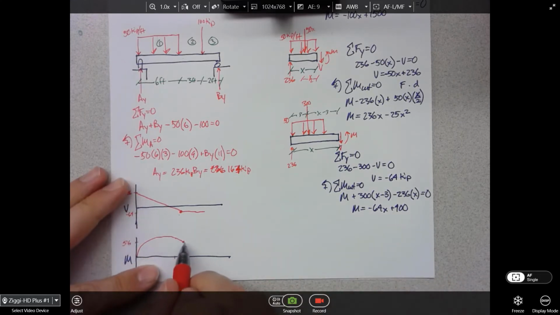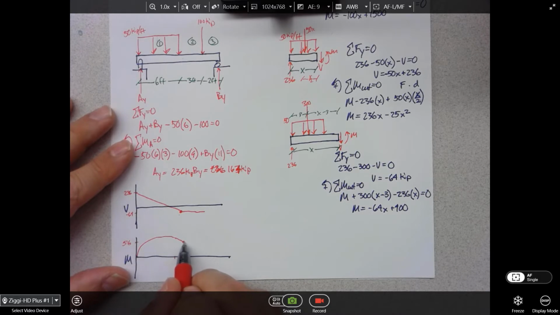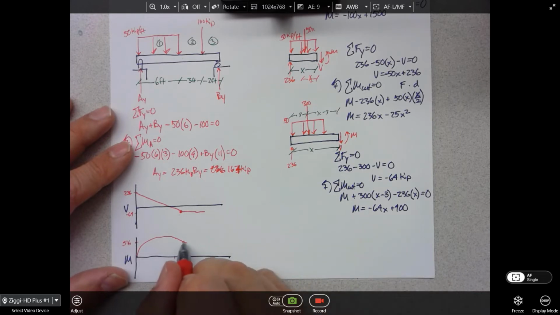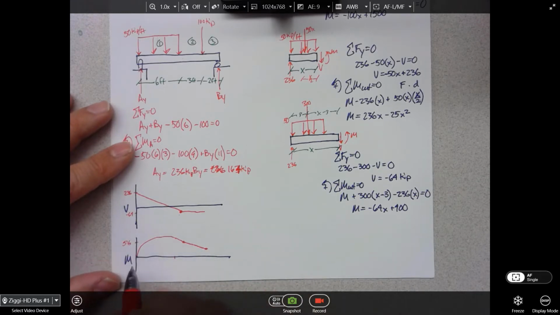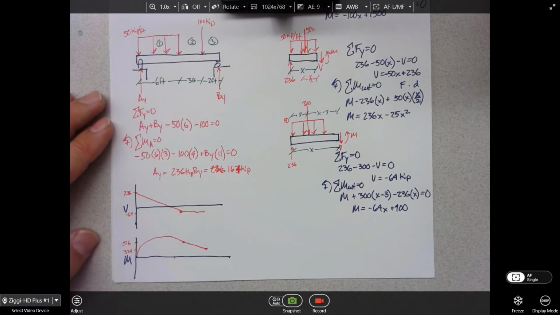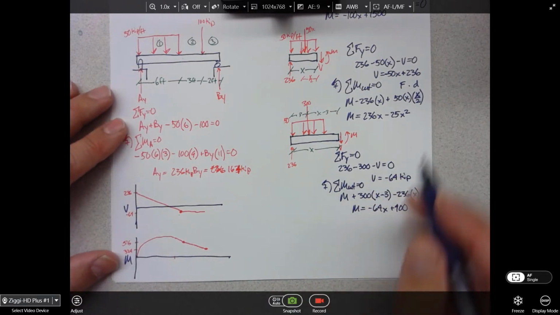So we just have this downward slope, and we're going to go 3 feet, so we're going to go down 192. What's 516 minus 192? 324. Okay, 324. Then we can do our last piece.